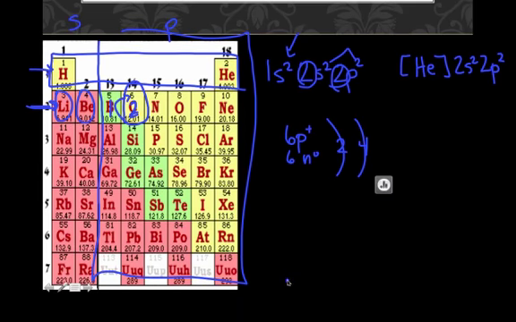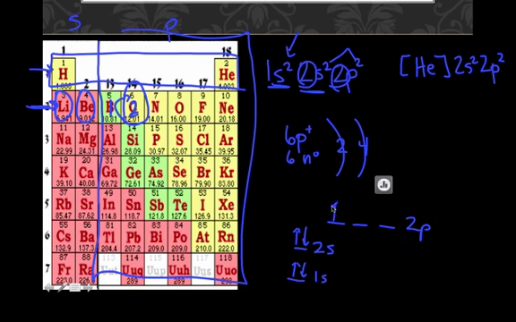Now let's do the Aufbau diagram. We're going to start with 1s and put an up arrow and a down arrow because we have to be opposite in spin. After the 1s is done comes the 2s. We need 2 arrows in that one. One goes up and one goes down. And then when we do the 2p, remember we're going to put 1 in every space before we start pairing them up.